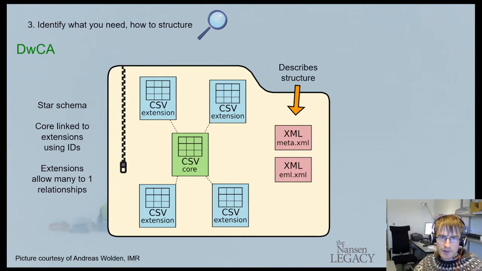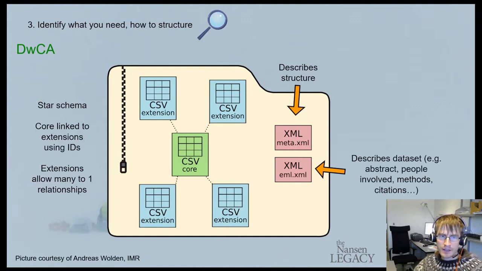As well as these, you have a meta.xml file that describes the structure, basically which columns are included in each file, and identifiers that points to where the Darwin Core terms can be found online. And finally, you have an eml.xml file, which is the ecological metadata language I mentioned earlier.